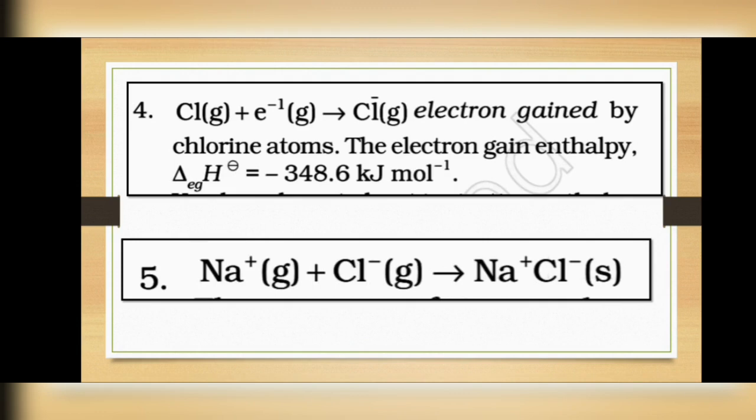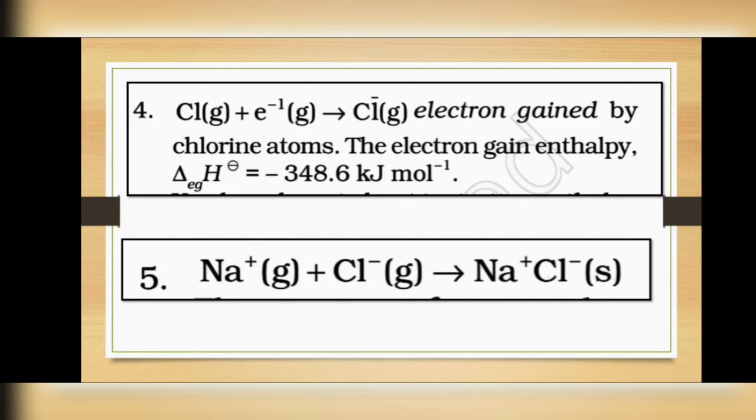It is written as minus because it is an exothermic reaction. When an electron is added to an atom, energy is released. So the value is minus 348.6 kilojoules per mole. And the last step: you have Na plus in gaseous state and Cl minus in gaseous state.